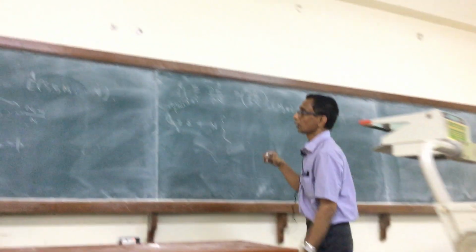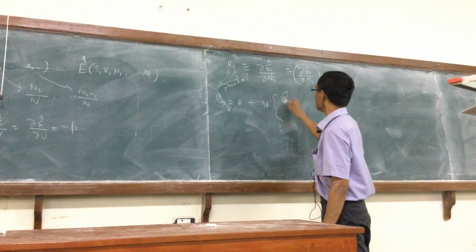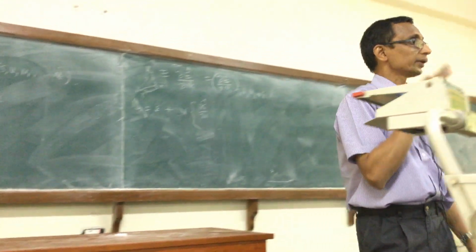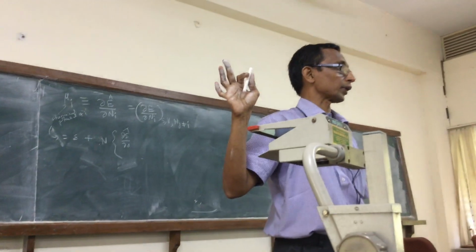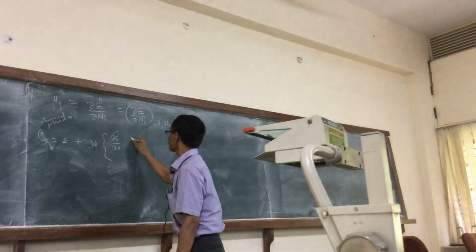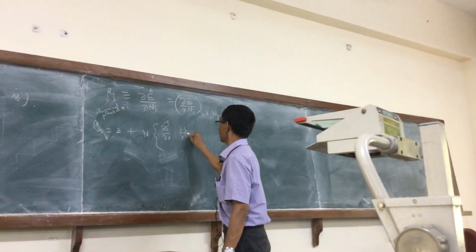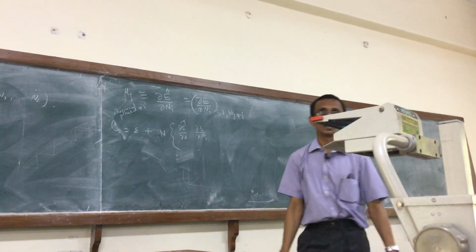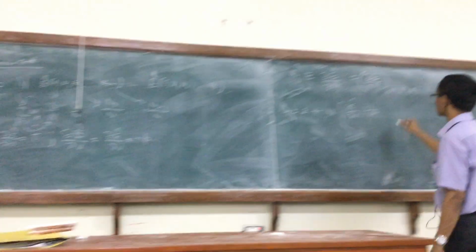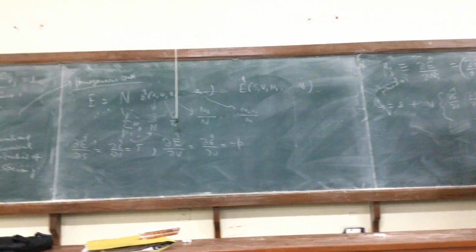So now I will write this as dE by dS times dS by dNi plus, using the chain rule, the other terms. The procedure is identical to what we did for the pure component.